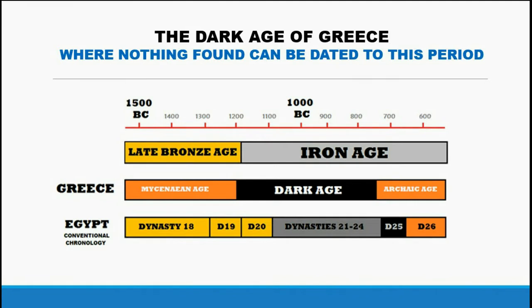Greece gets its absolute BC dates from a synchronism with Dynasty 18. The Hittite sites of Turkey get their absolute BC dates from a synchronism with Dynasty 19. The difference in the amount of years between these two dating gaps is quite significant and beneficial in determining if there was any time that intervened between dynasties 18 and 19.